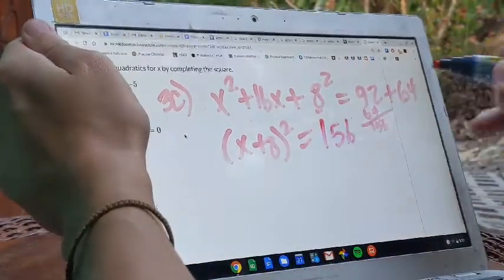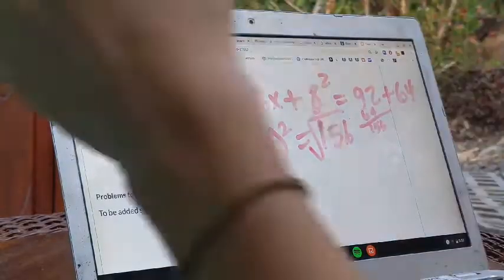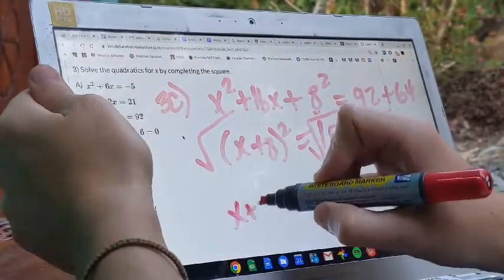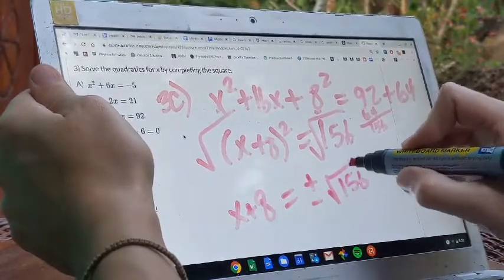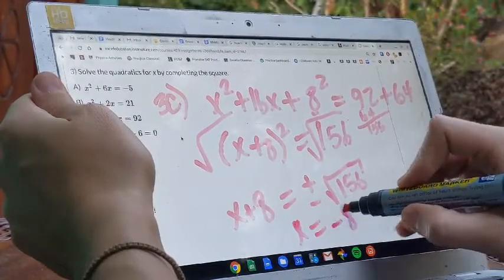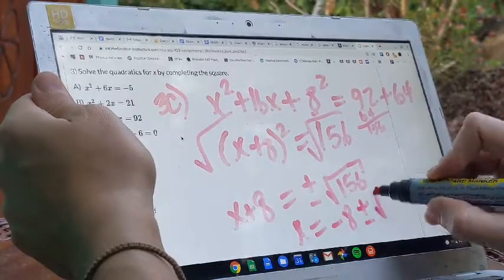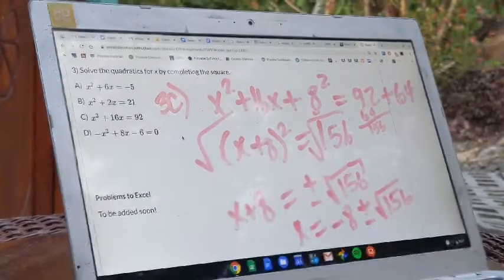Okay, 156, good, square root. That is not a perfect square for sure. So we get x plus 8 equals plus or minus root 156. And just like last time, we move the 8 over and we say negative 8 plus or minus root 156. And that's two answers.